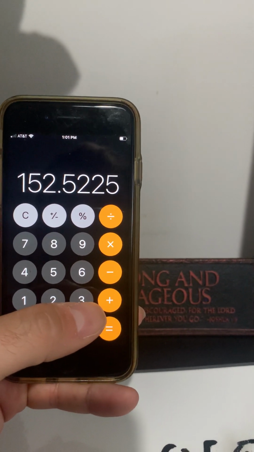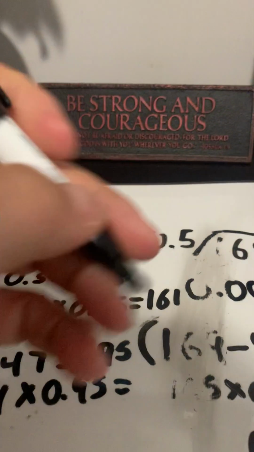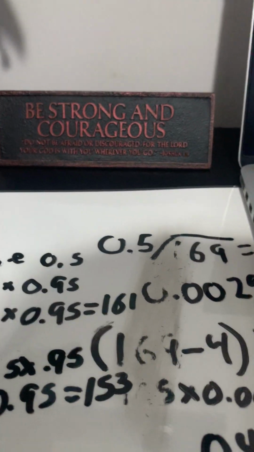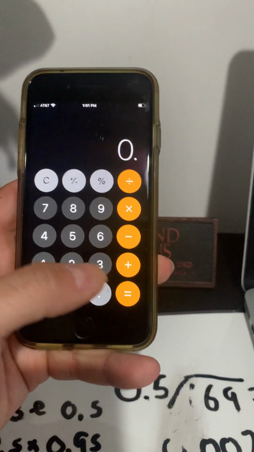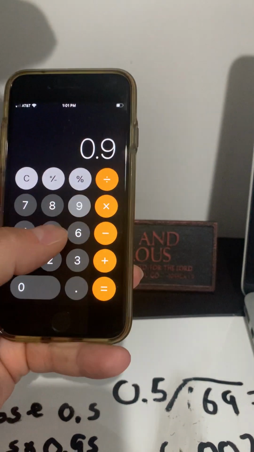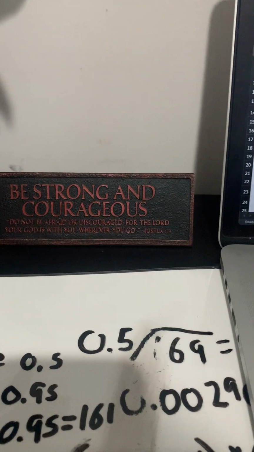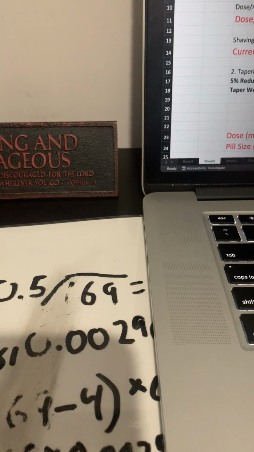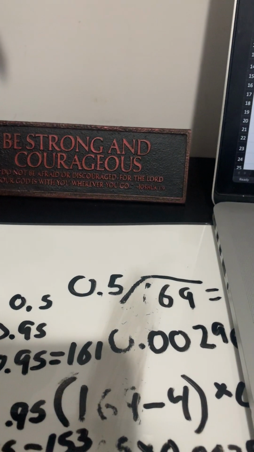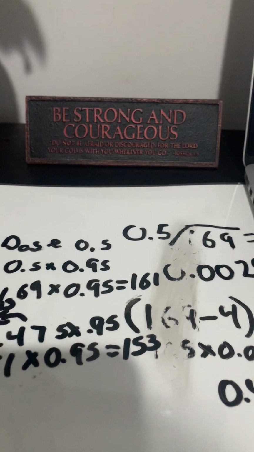It would get down to 152.5 milligrams, so 153 milligrams is going to be the size that you shave down to. 0.475 times 0.95 equals 0.45125. So that's the amount that you're going to be taking, which is 0.4513.